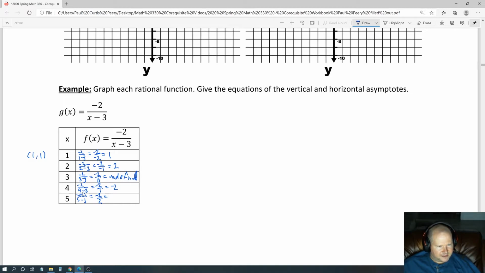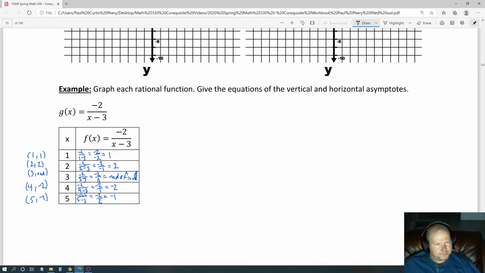Negative 2 divided by 2 is a negative 1. Okay, here's all the points. So we have a 1, 1, 2, 2. Then we have a 3, but that's undefined. We'll explain that a little bit. Then we have a 4, negative 2, and then we have a 5, negative 1.